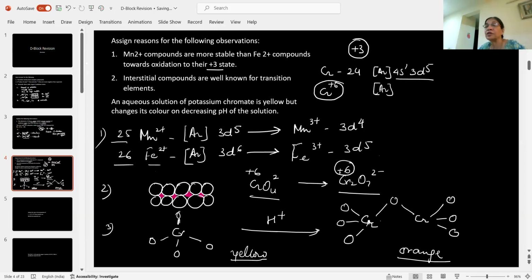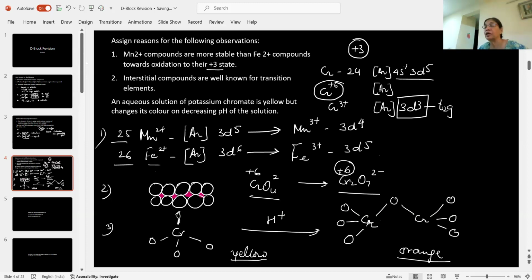In the +3 oxidation state, what do you have? Chromium +3 will be argon, and then you remove 1 from here and 2 from here. What will remain? 3d3. Now the 3d3 is half filled t2g. When it splits, the 3d shells are at the bottom.